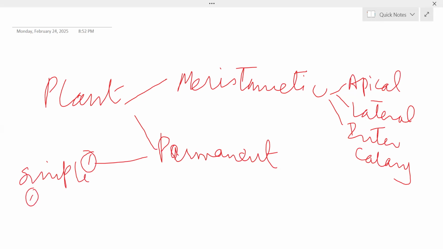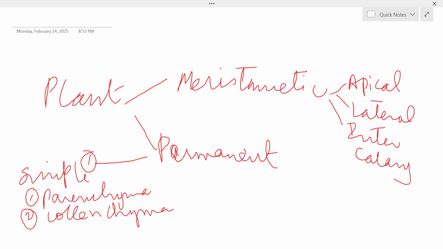Simple tissue first is the parenchyma, also known as food storing tissue. Second is collenchyma, which is a modified type of parenchyma, and it gives flexibility plus strength to the plant body. And third is sclerenchyma.